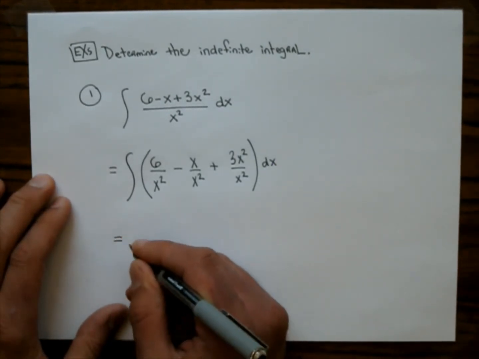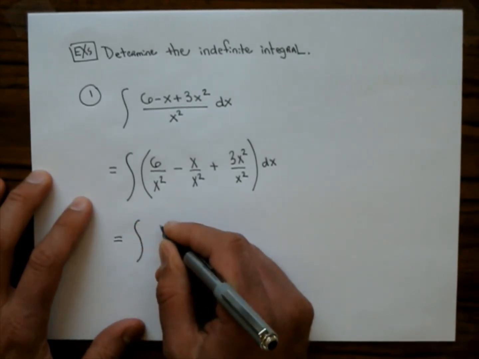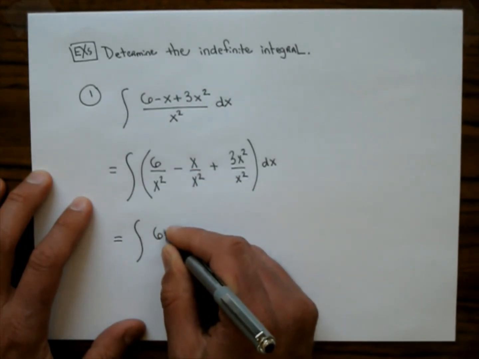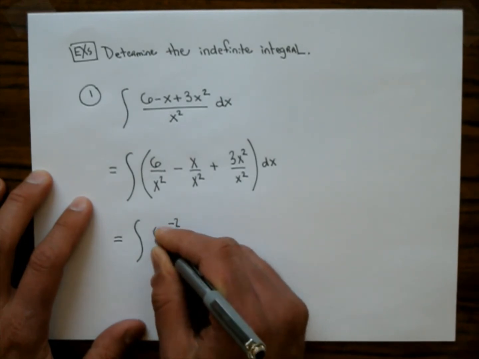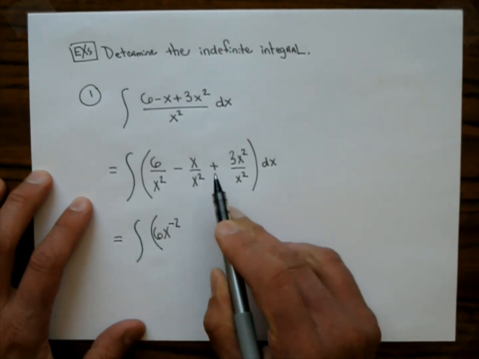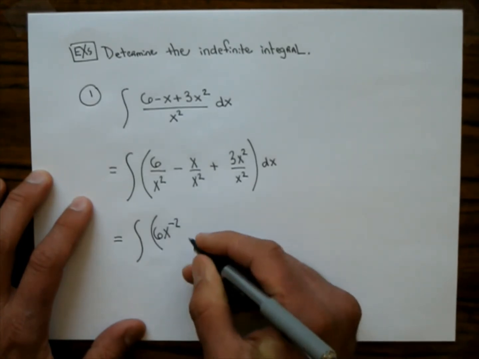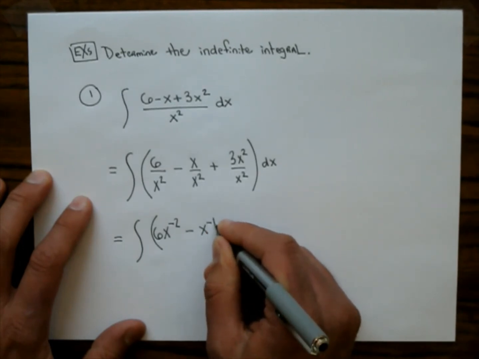Okay, so this is going to be the integral of 6. I'm going to bring that across the line, change the sign, and make it 6 times x to the negative 2 power. This one, when you do that, you end up getting minus x to the negative 1 power.